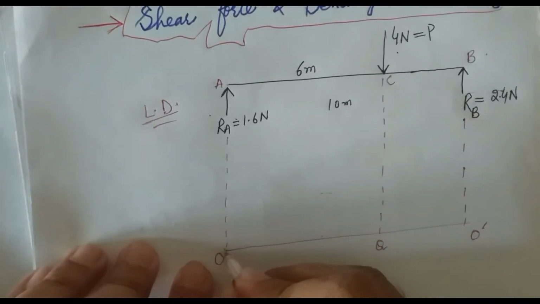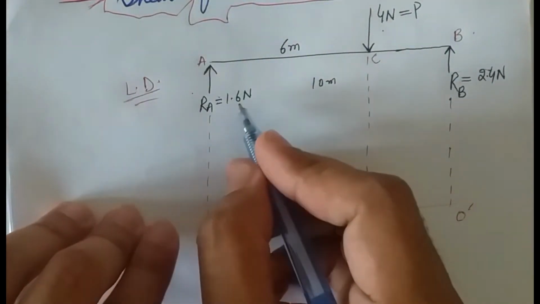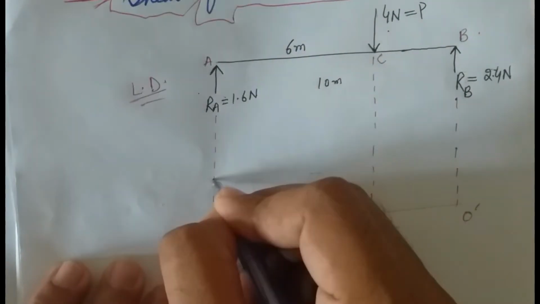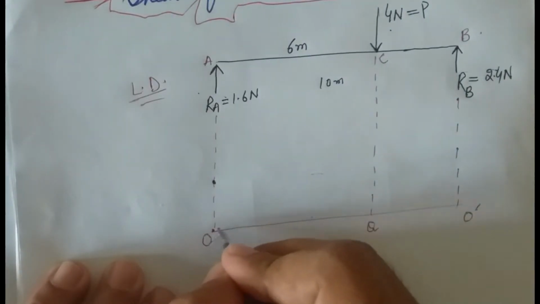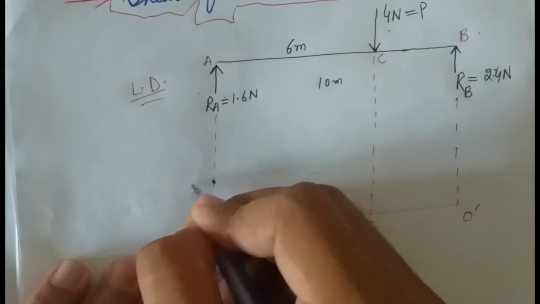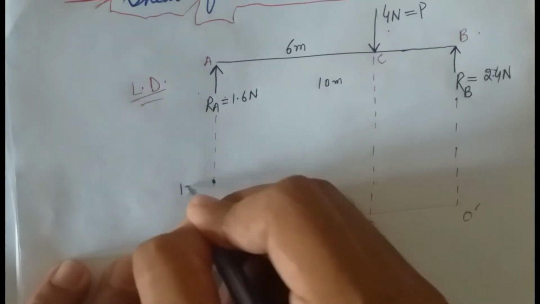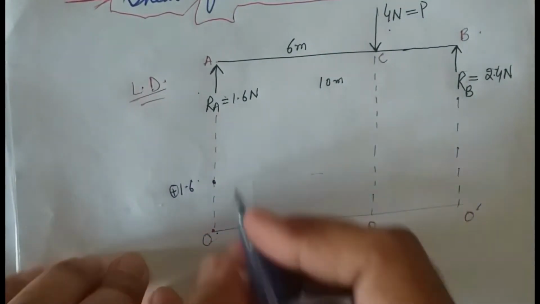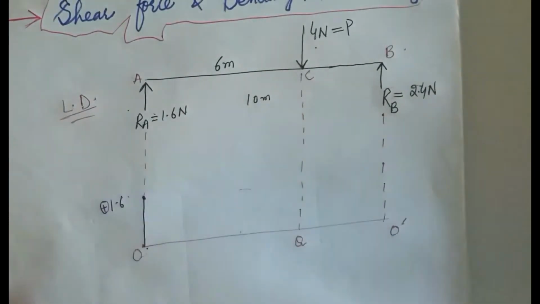So let's start from point O. The reaction value is 1.6 Newton and it is positive, so 1.6 Newton is located here above the reference line, and I mention the word above because this value is positive. Now join these two points, and we will get a straight line.